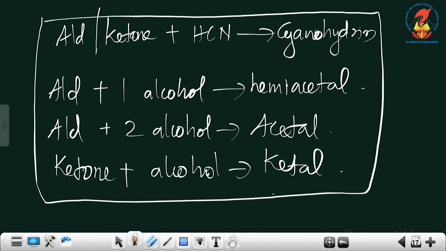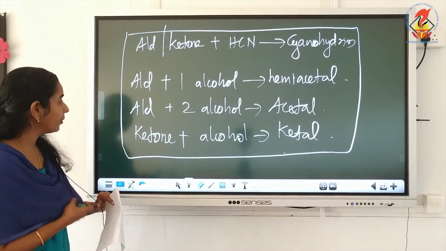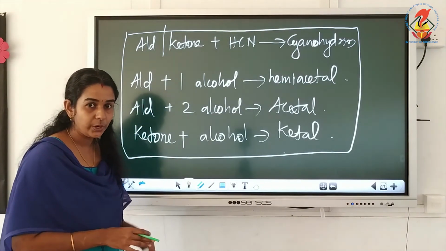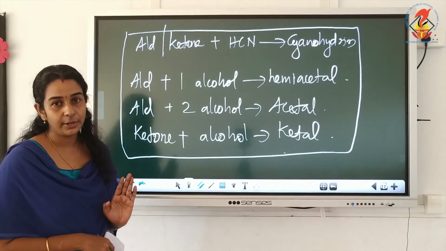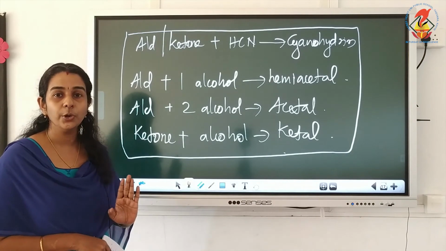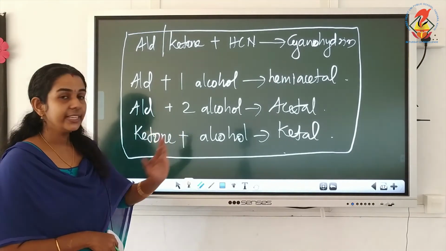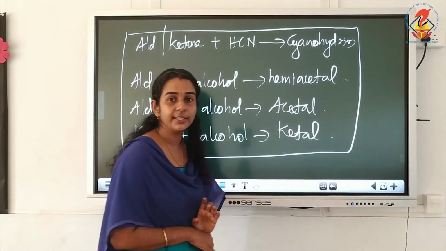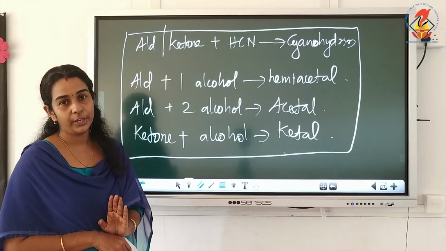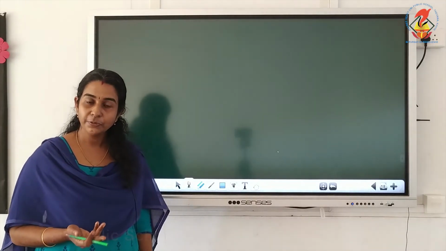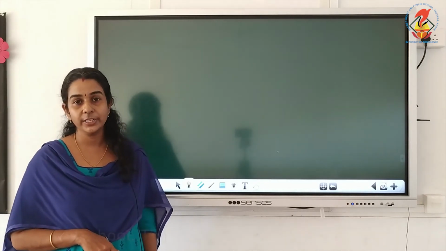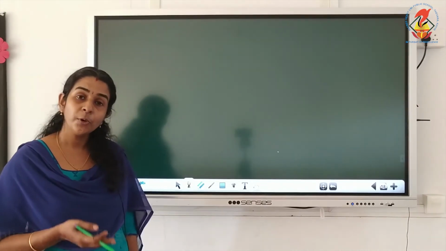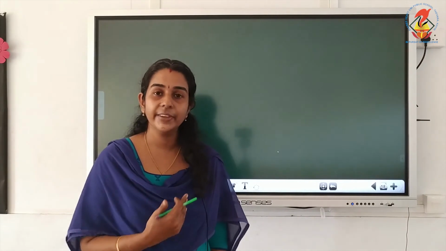So the nucleophilic addition reaction examples are not over. The first three examples are over, and this is a summary of these three reactions. Remember, all these definitions are very important. Okay. The next example for a nucleophilic addition reaction is addition of ammonia and its derivatives.